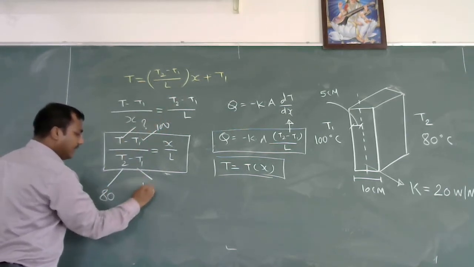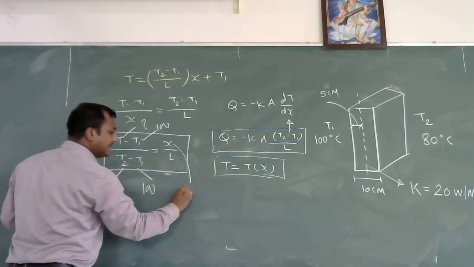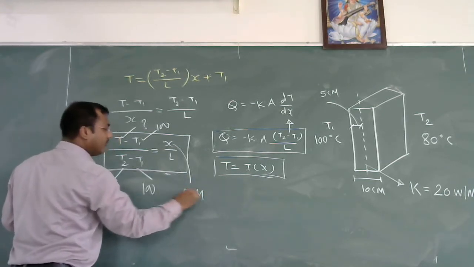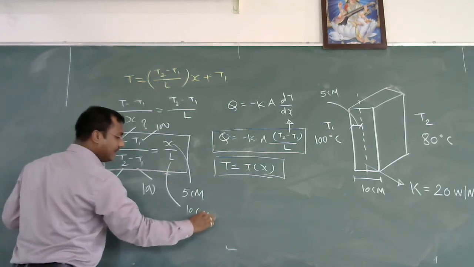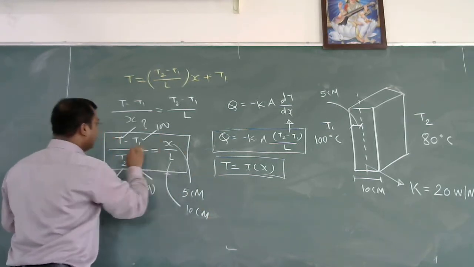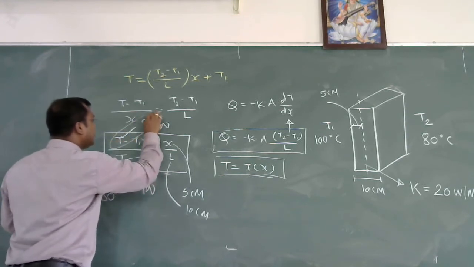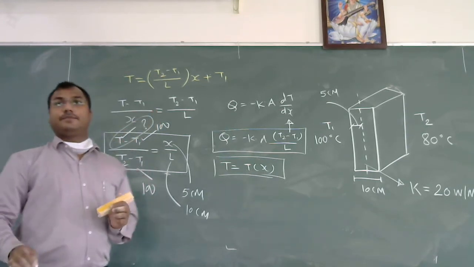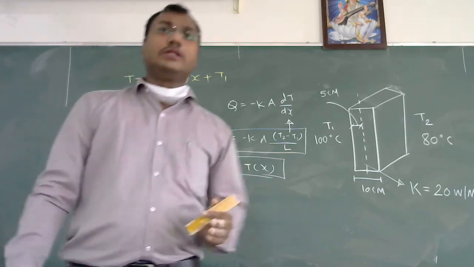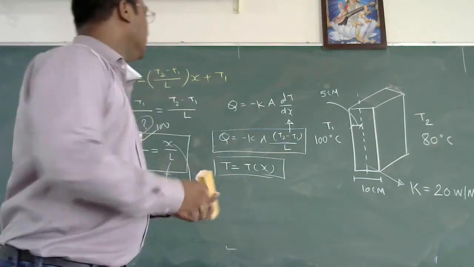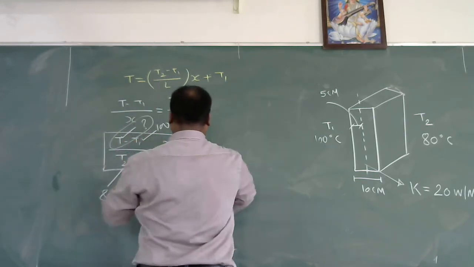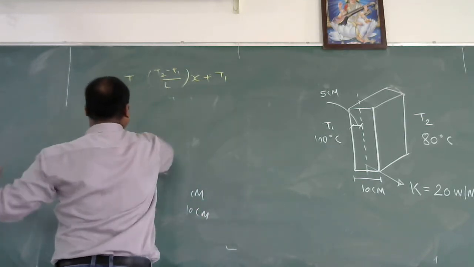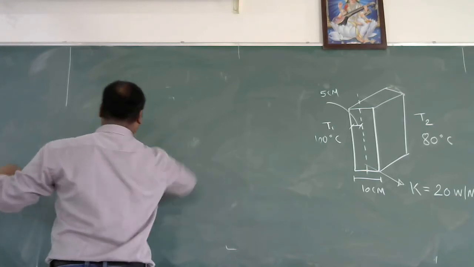This x is nothing but your 5 centimeter, where you need to find the temperature, and this L is nothing but the 10 centimeter. So you have all the values except the unknown temperature, which you can calculate. This is how you can use Fourier's law of heat conduction to solve the problem in steady state heat transfer analysis in the case of the plane wall.